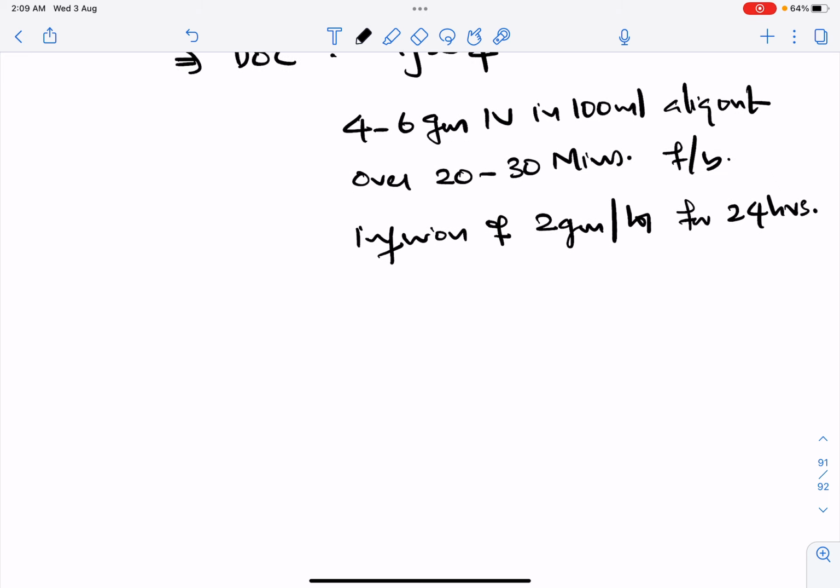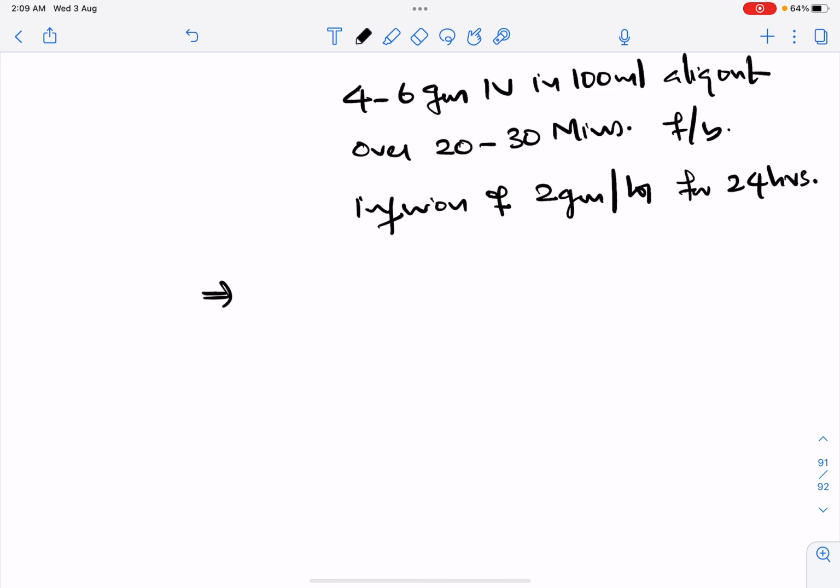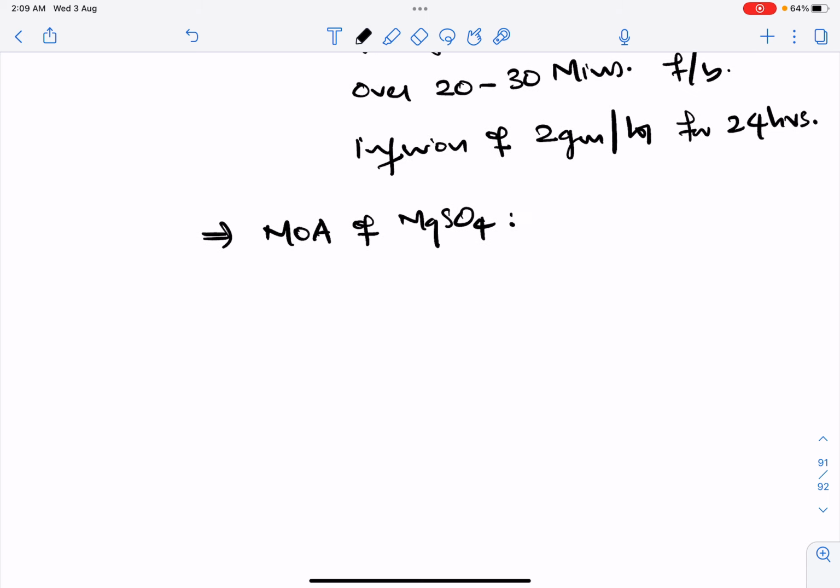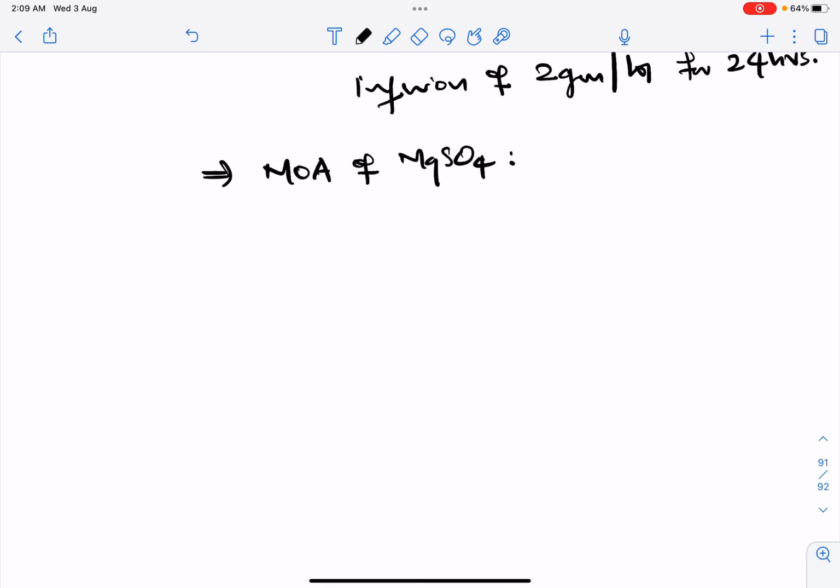What is the mechanism of action of MgSO4? MgSO4 is also used as an antiarrhythmic. It is also used in bronchial asthma. In acute severe exacerbation of bronchial asthma, magnesium can also be used. So there are various mechanisms of action of magnesium sulfate.